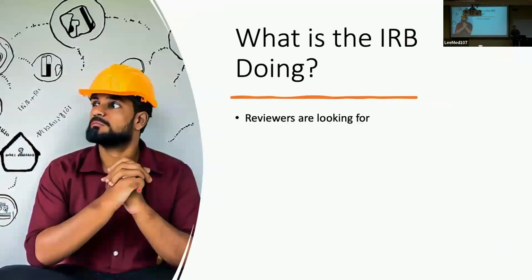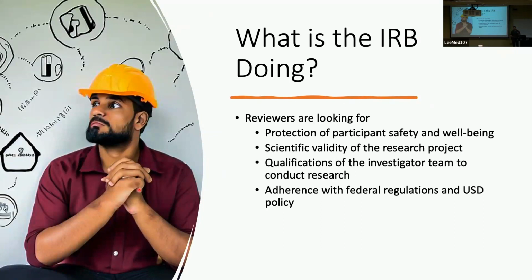So what is the IRB doing? What is it that we are looking for when we're looking at studies? There's a number of things that we're focusing on. We're certainly looking at the protection of participant safety and well-being. But we're also looking at the scientific validity of the research project, the qualifications of the investigation team, and whether you're adhering to federal regulations and USD or Sanford policies.